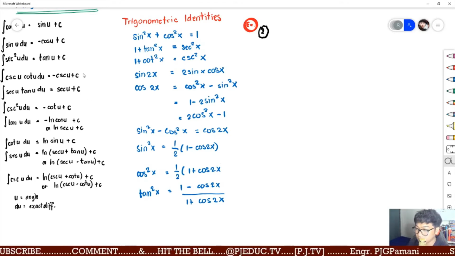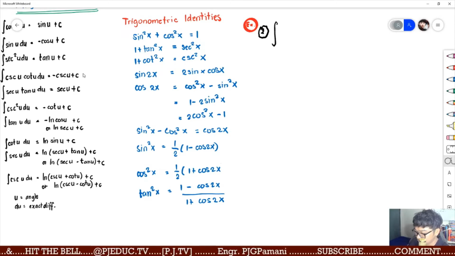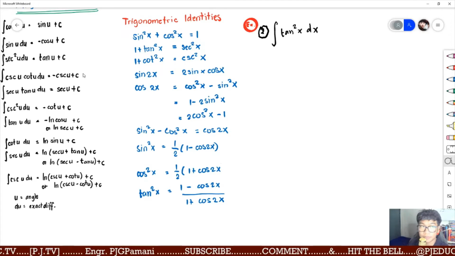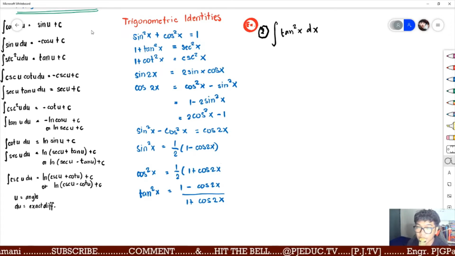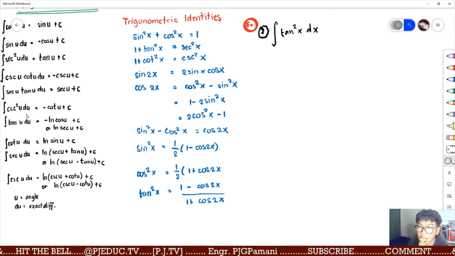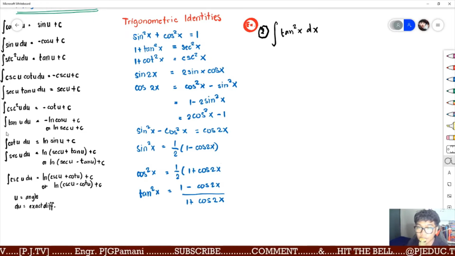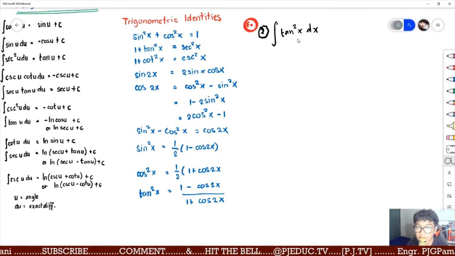Now, number 3. What if you're now asked to evaluate the indefinite integral of tangent squared x dx? Shown in our trigonometric functions, there is no exact integral of a trigonometric function that involves exponents, like tangent squared x. It isn't here.